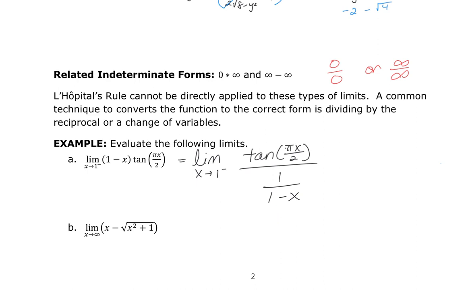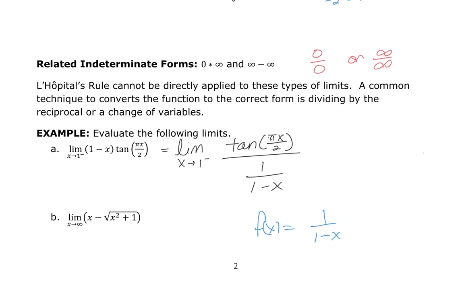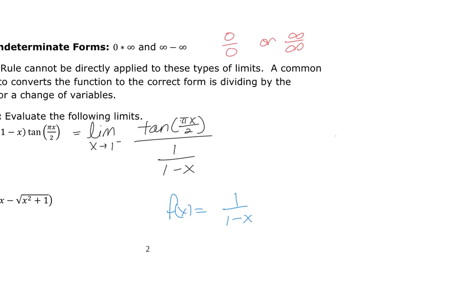Well, let's just take a look at the graph of f of x is equal to 1 over 1 minus x. Now, this is the reciprocal function, with a reflection and a shift. So let's rewrite this as negative 1 over x minus 1.